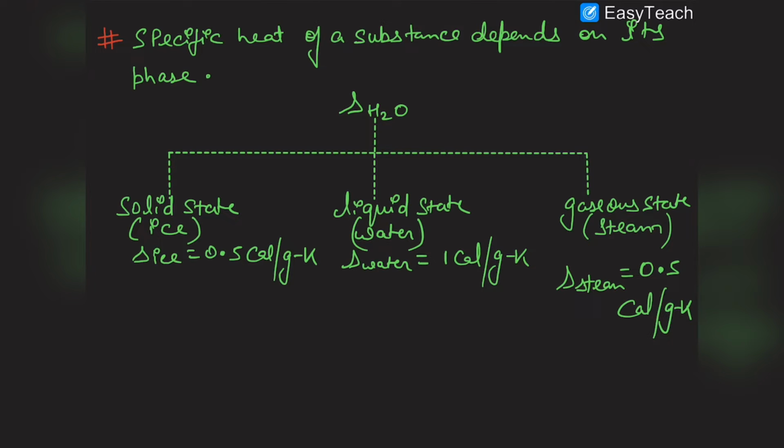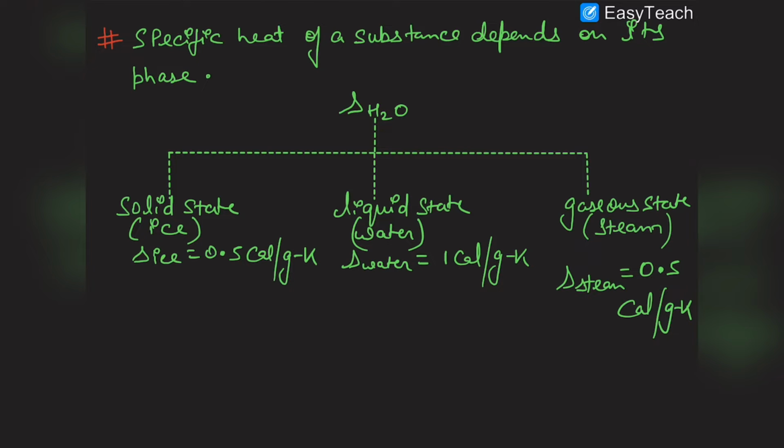So the specific heat of H2O in all of these 3 forms is different. In the solid form, when we call it ice, the specific heat of H2O is 0.5 calorie per gram Kelvin. And in the liquid form, when we call it water, the specific heat of water is 1 calorie per gram Kelvin.